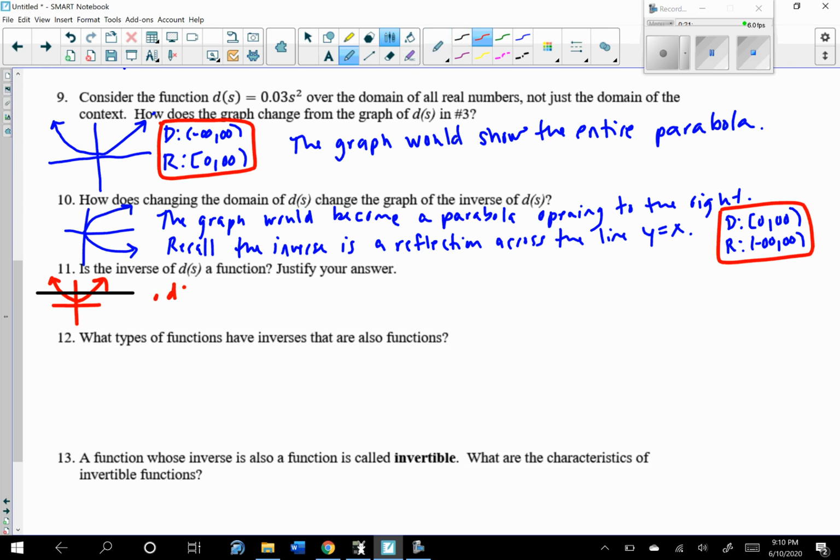So d of s doesn't pass the horizontal line test. Thus, the inverse is not a function.